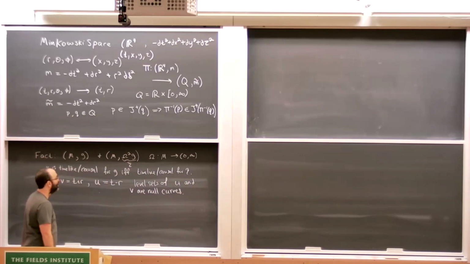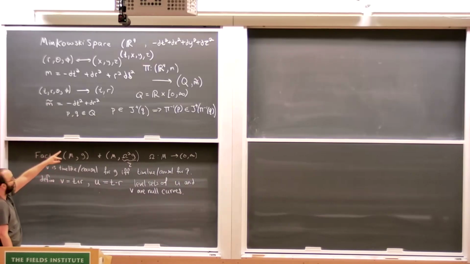These are null curves in this quotient spacetime. When you lift them, you get null cones, the spheres.